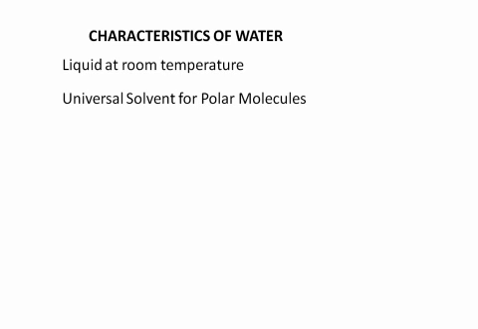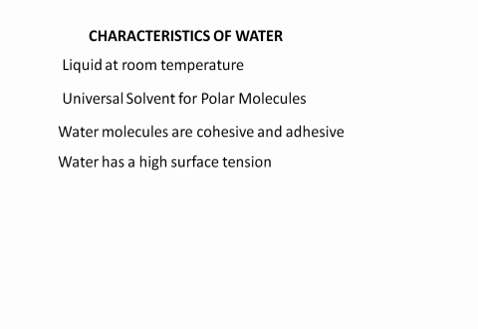We say that water is the universal solvent for polar molecules, also ionic molecules. We just looked at that a moment ago. Water molecules are cohesive. That means they stick together. They're hydrogen bonded. They have that attraction to one another that makes them liquid at room temperature.